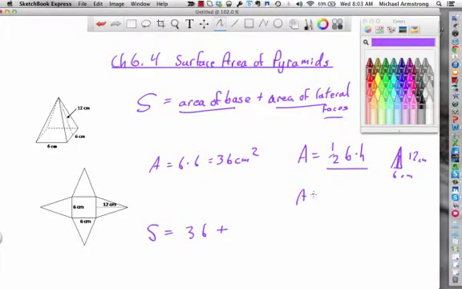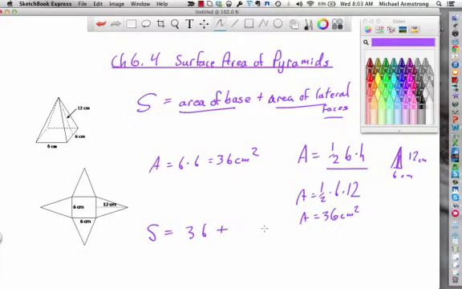So the area is 1/2 times 6 times 12. 1/2 of 6 is 3, and 3 times 12 is 36. So the area of the triangle is 36 centimeters squared.